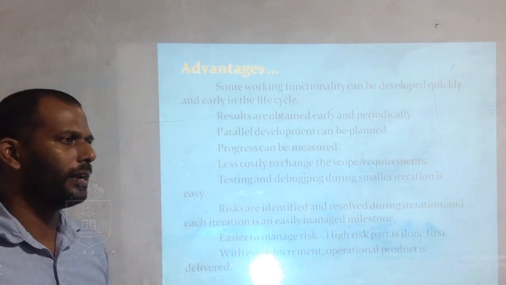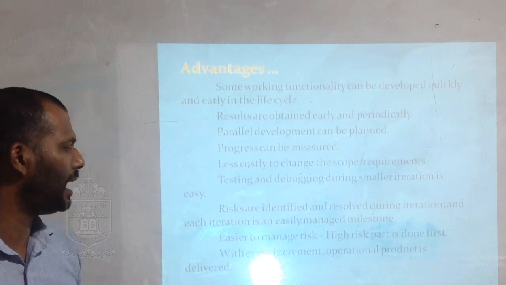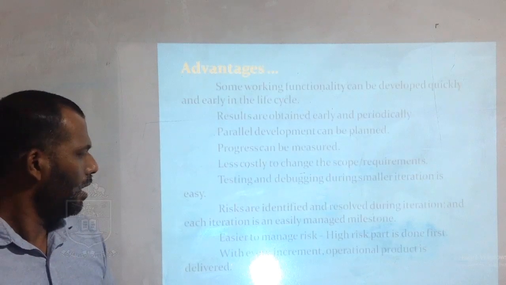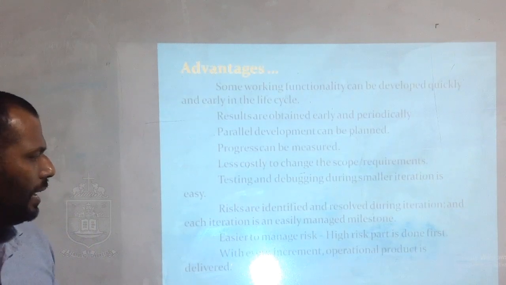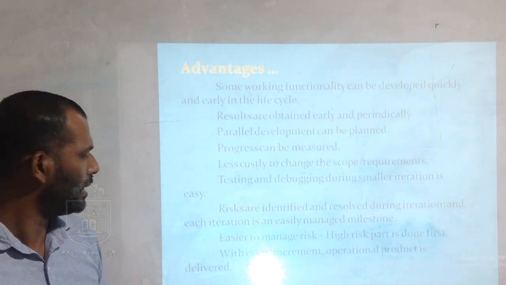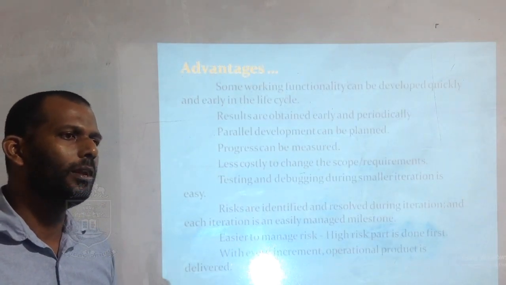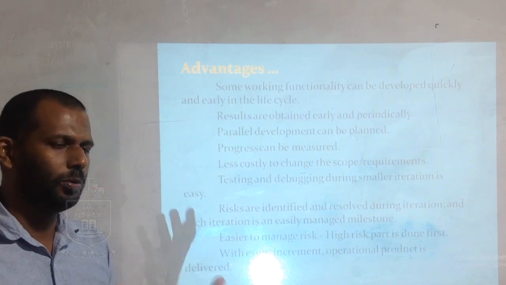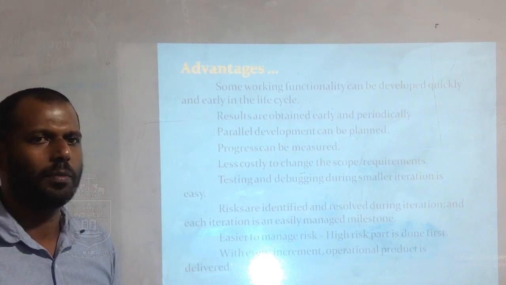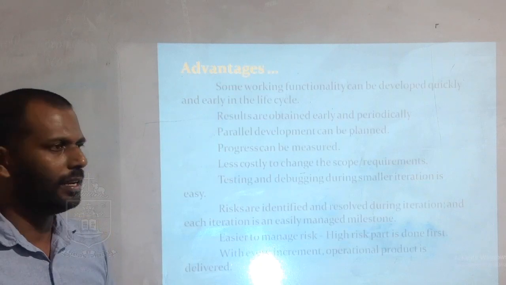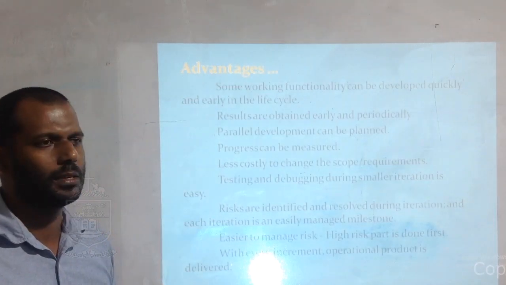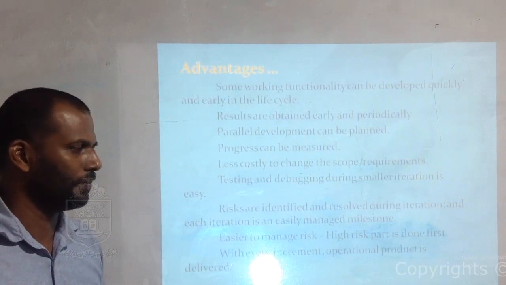And then your risk management is very easily done. With every increment, an operational product is delivered. Once you complete one cycle, you will have a product. That means you will have an output that you can show the customer or others.